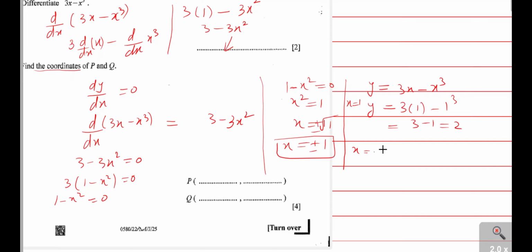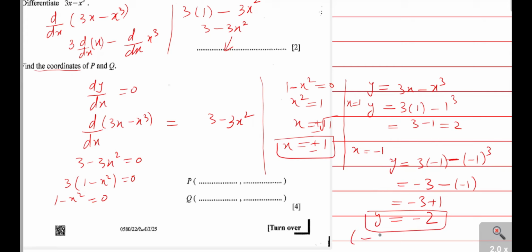When the value of x is minus 1, the value of y becomes 3 into minus 1 minus minus 1 cube. This becomes minus 3 minus minus 1, which is minus 3 plus 1. This is minus 2. Therefore, the value of y will be minus 2.